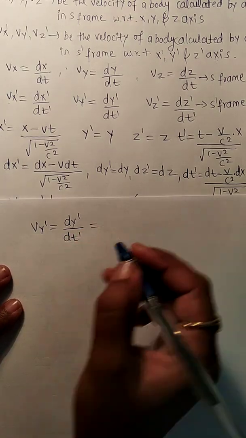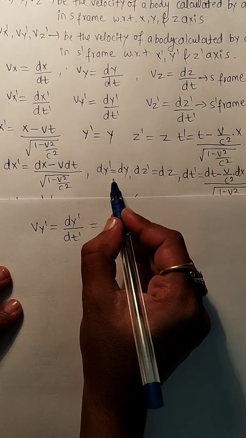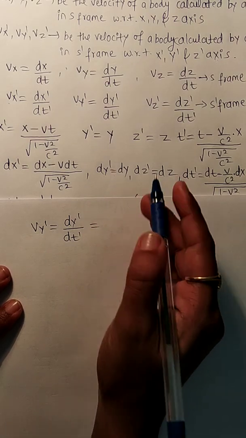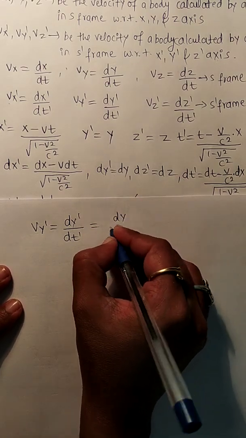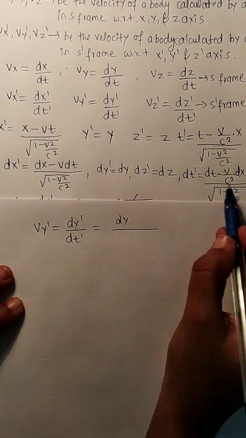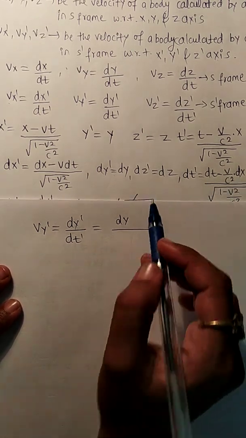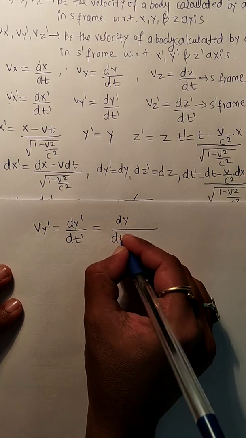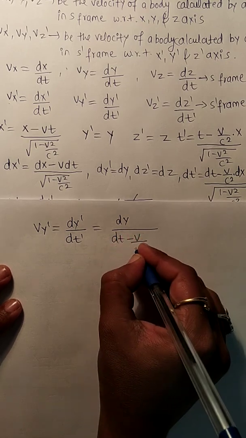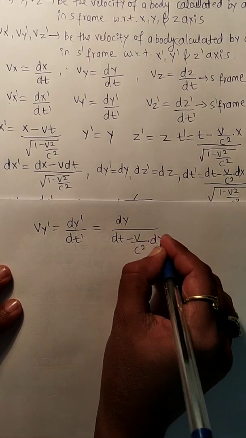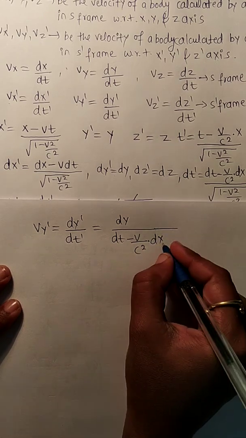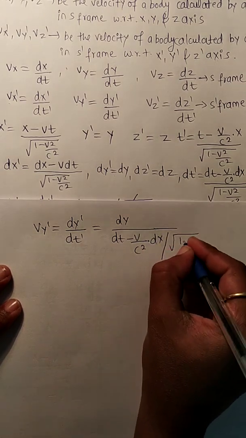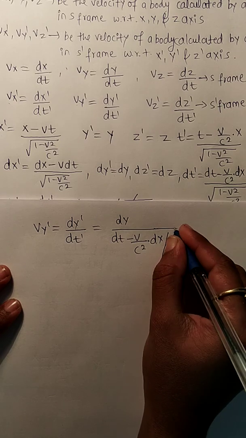What is the dy dash value? Dy dash is equal to dy. So I write dy divided by the dt dash value, which is the same as before. Substituting, we get dt minus phi by c square into dx, whole divided by square root of 1 minus phi square by c square.